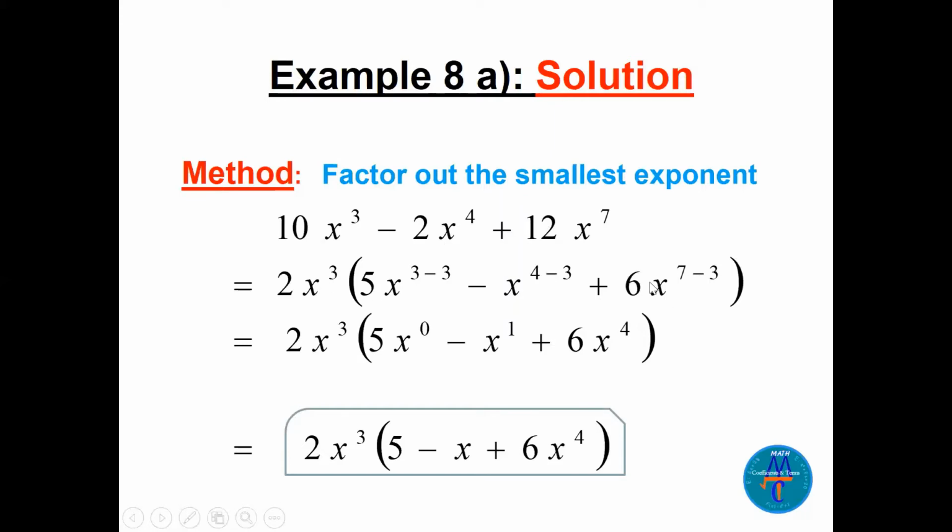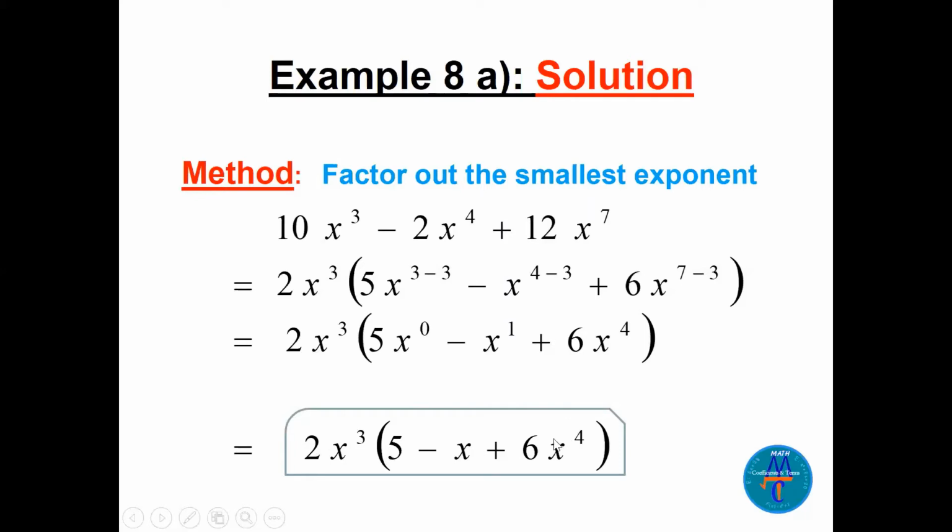So now we have to simplify that. 3 minus 3 is x power 0, which is 1, we know that. 4 minus 3 is 1, so we don't have to write it here, just x. 7 minus 3 is 4. Now this is the question here, the last step. Can we factor more? In this case, we cannot do anything, so we just leave the whole answer, the common factor, and all the brackets.